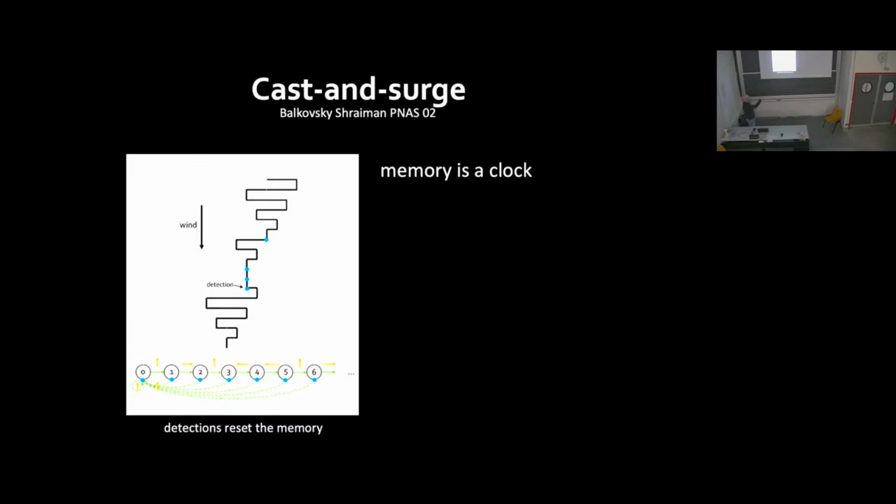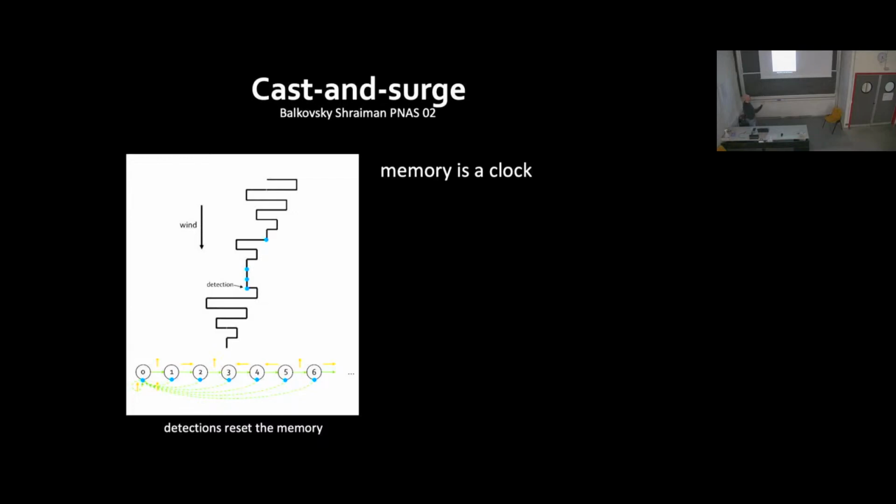And as it transitions from 0 to 1, the agent goes upwind. Then again, no detection, go to memory 2. But now go right. No detection again, memory 3, and go up. And so on and so forth. As a result, when there are no detections, the agent produces this zigzagging motion with increasingly wider casts.